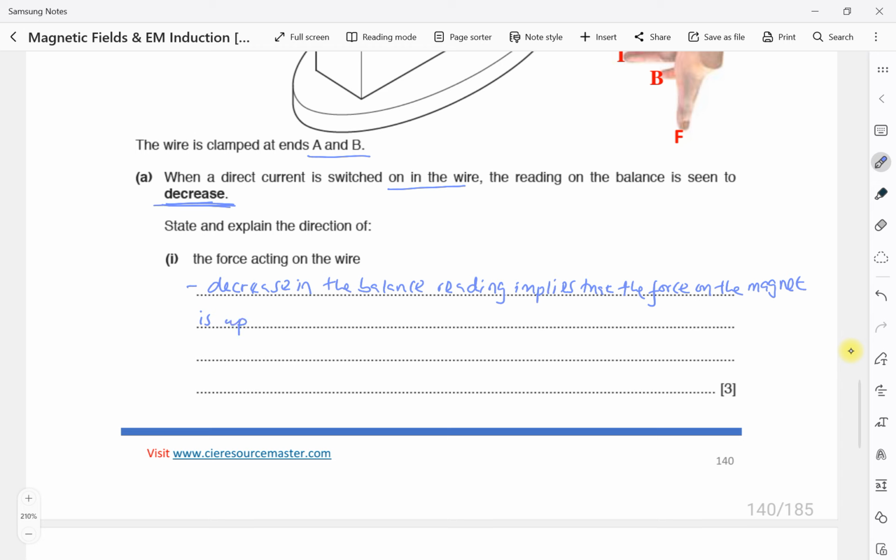If it was downwards, the balance reading is supposed to increase. Decrease in the balance reading implies that the force on the magnet is upwards. I'm saying if it were downwards, the reading would increase.